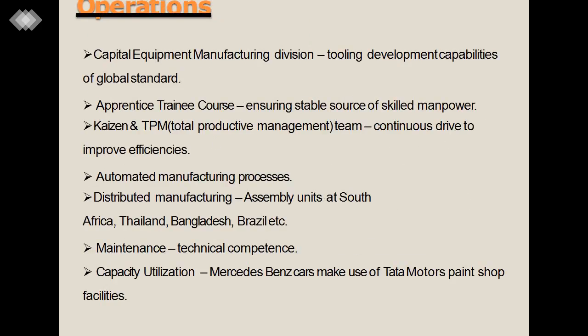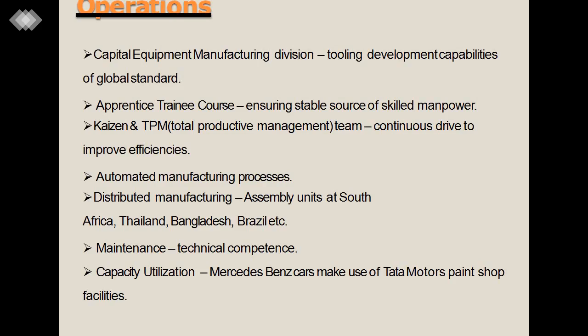Now, in operations, capital equipment manufacturing divisions include tooling development capabilities of global standards, and apprentice training courses which ensure stable sources of skilled manpower. Kaizen and TPM, that is total productive maintenance teams, provide a continuous drive to improve efficiencies and automate manufacturing processes.